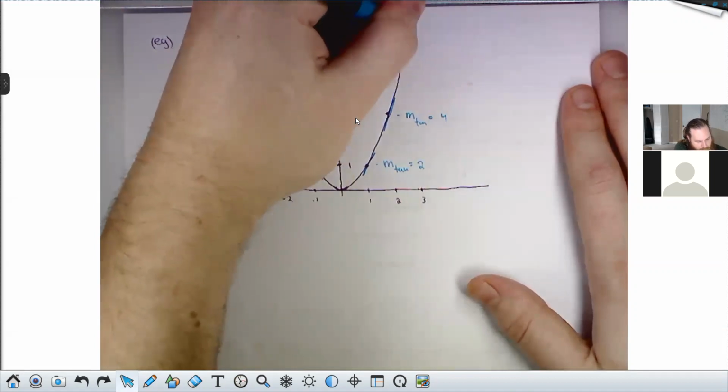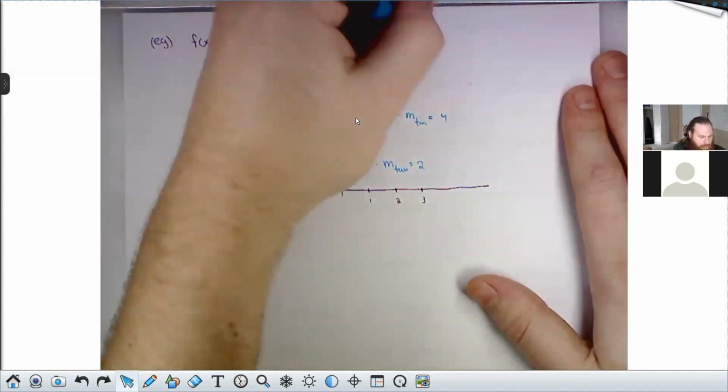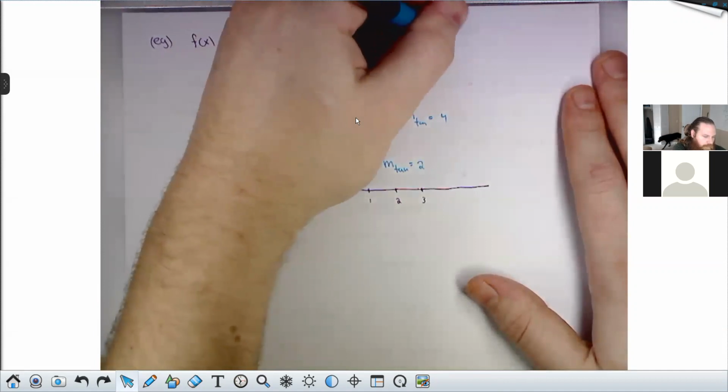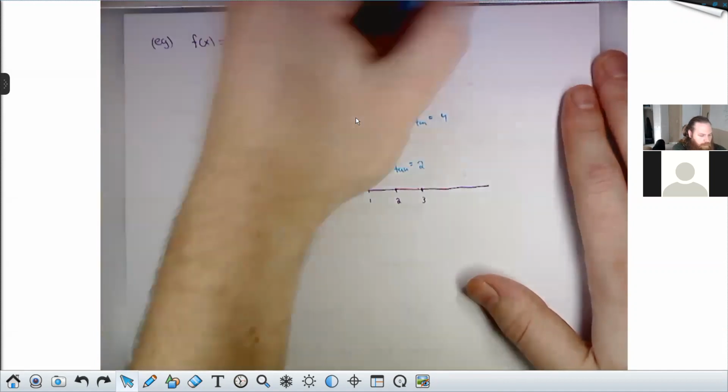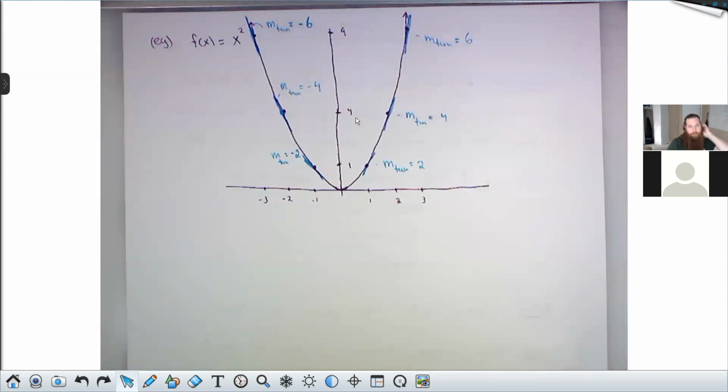And over here, this really steep one, it's got to be the positive version of this, so that would be 6. Is everybody comfy with what I'm doing here? These are just guesses. I'm not doing any calculation. I want to be clear about that. Are there any questions about this?